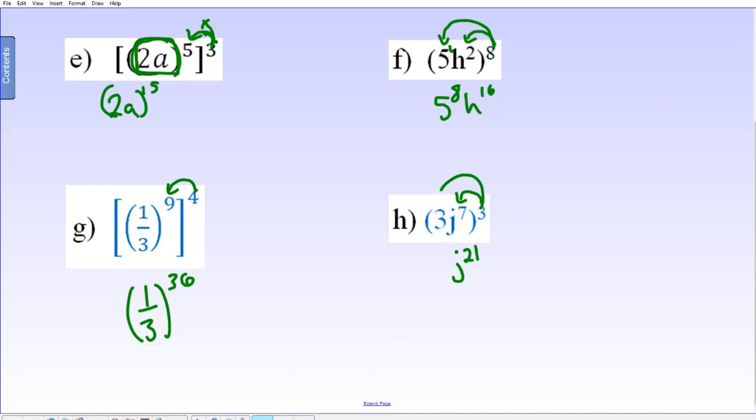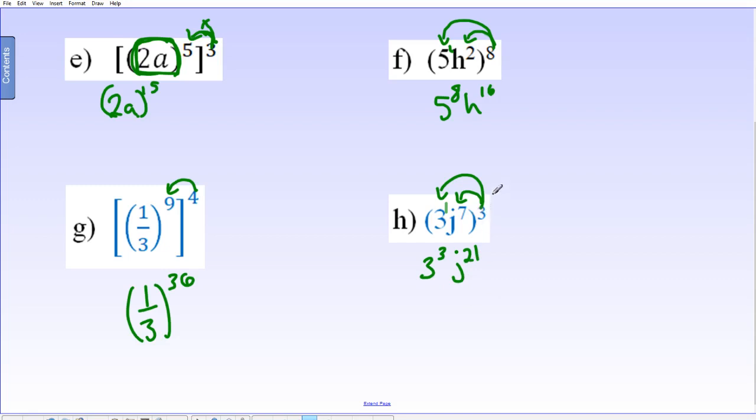And if you don't see an exponent on this 3, it means there is one right there. So 3 times the exponent here gives me 3 to the 3rd power. So my final answer is 3 to the 3rd power, j to the 21st power.